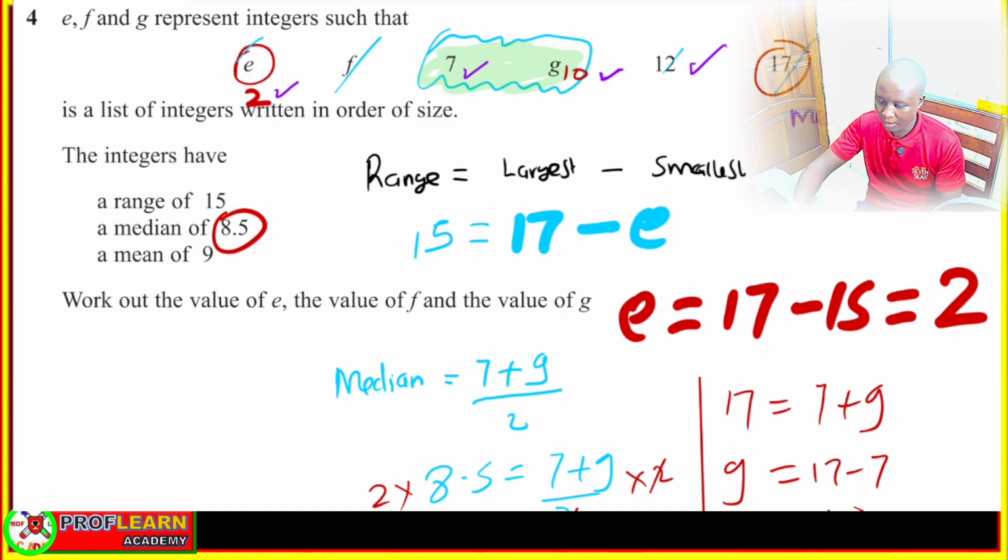When you add these numbers, you get 48. So we're going to say 48 plus F, divided by the total numbers we should be having, 1, 2, 3, 4, 5, 6, over 6.